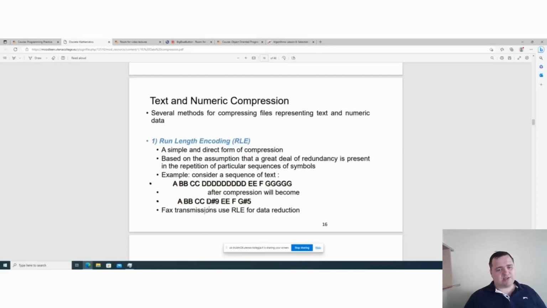In which cases is it practical to make the compression? Well, when we have more than three symbols in a row, right? Because if you have one, it's not practical to get three symbols afterwards, like a dash and a one. If you have two symbols, again, it's not practical. Even when you have three symbols, it's not practical. Only if you have more than three, then it's practical.